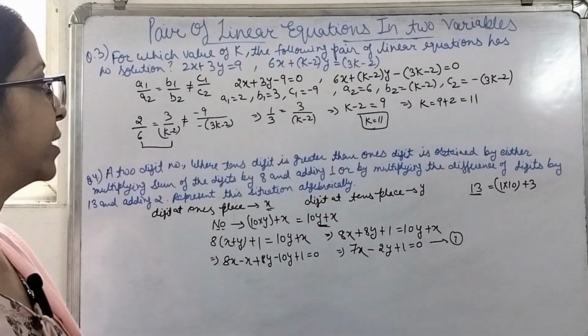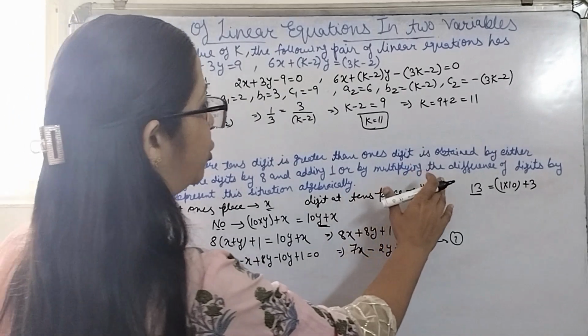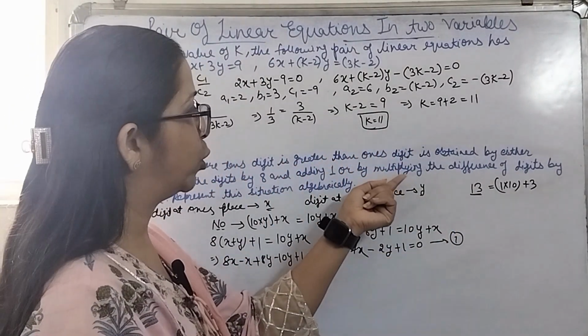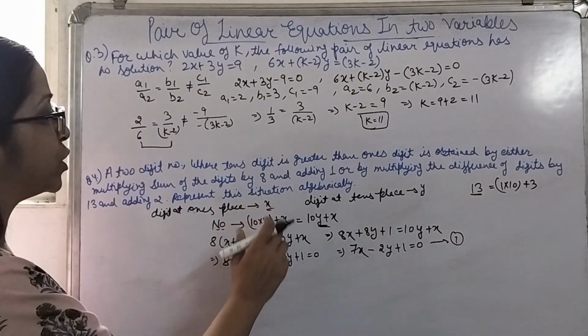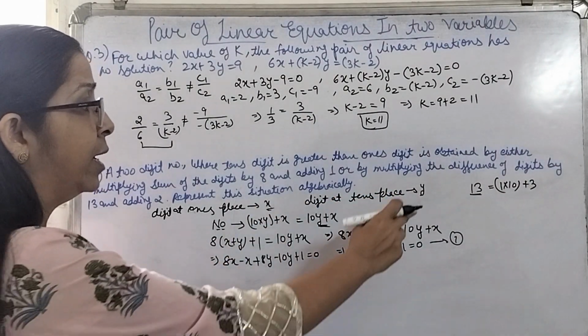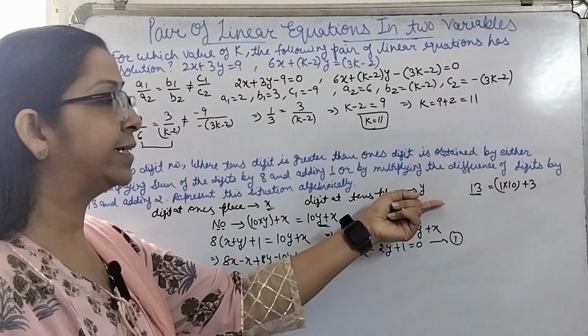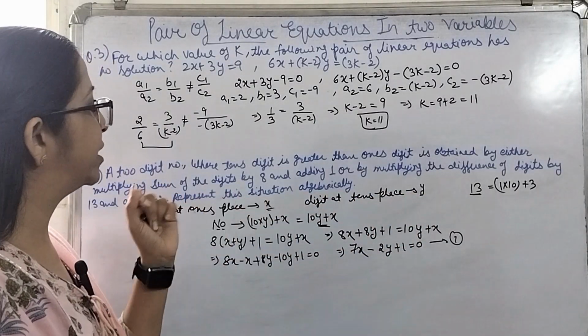Now from the other condition. Another condition given to us is that the same number can be obtained by multiplying the difference of the digits by 13. So first of all, we have to find the difference of the digits. It is already given that the digit at the tens place is greater than the digit at the ones place.